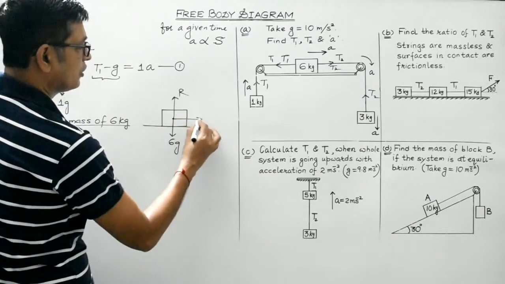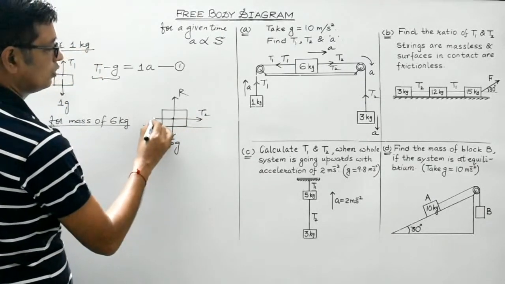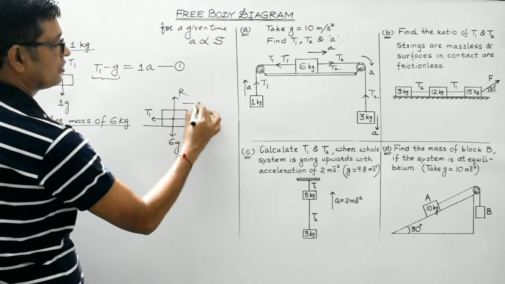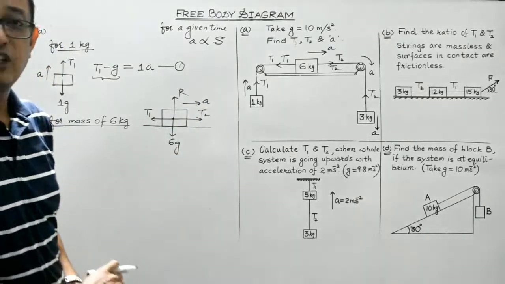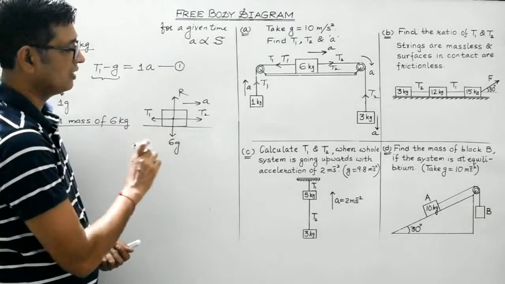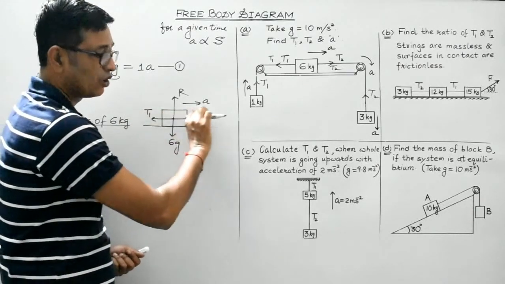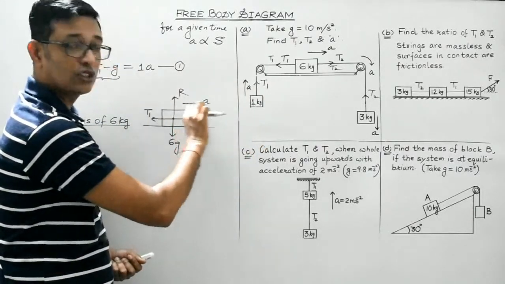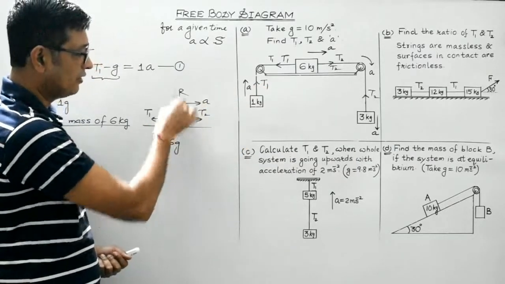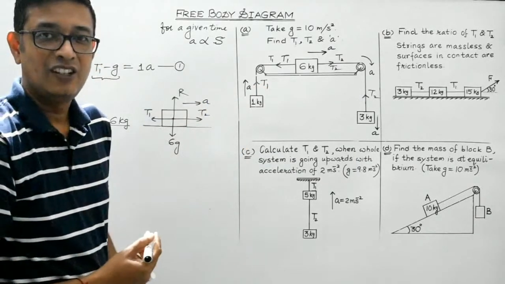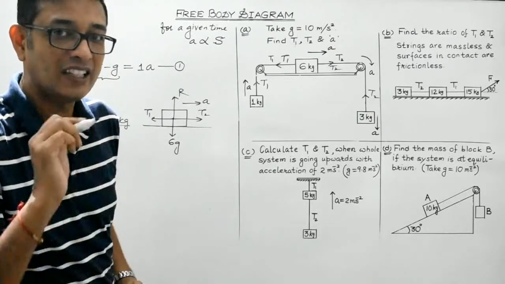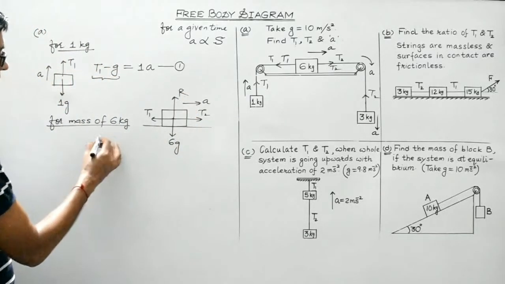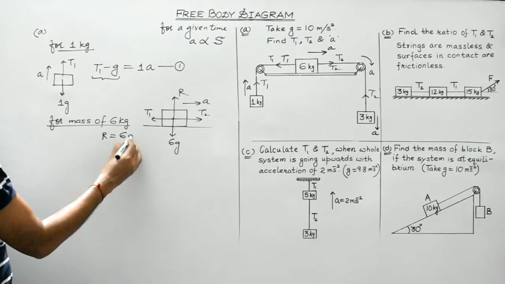Over here the tension is T2 and towards left the tension is T1. Acceleration is along this direction. Now look, students, this body of mass 6 kg is getting accelerated along this direction. So net force will be along this direction only. The body is not having any motion in the vertical direction. So along the vertical direction it is under balanced forces. So R must be balancing 6g.